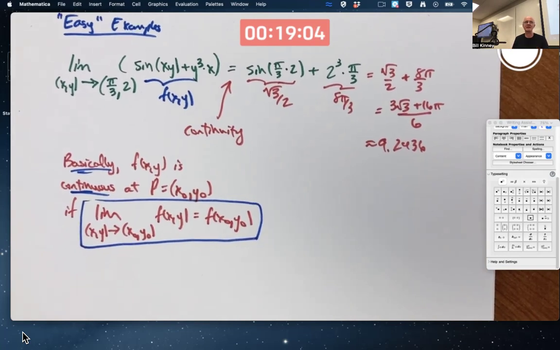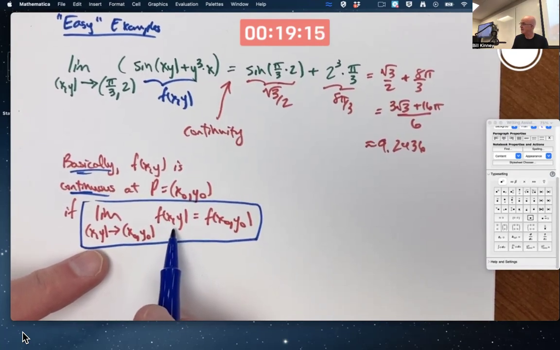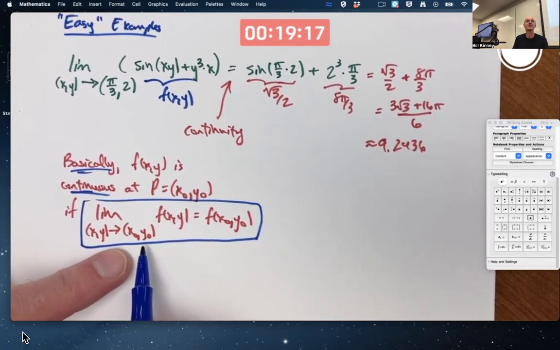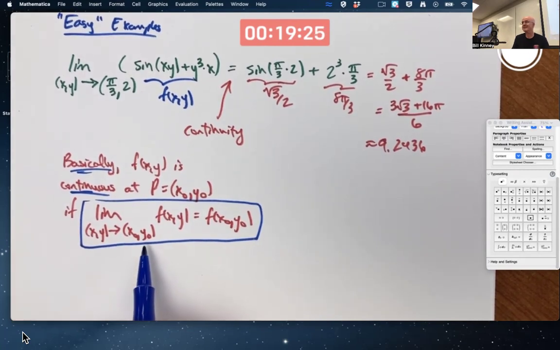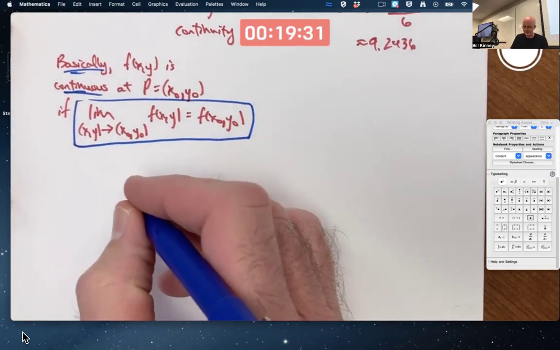Now there are some subtleties that I'm putting under the rug. Like, what's the domain of this function? Is f of x y even defined near this point? It depends on what the domain is. The bigger thing I'm shoving under the rug is, what does this limit really mean? Let's get into a little bit of depth on that.